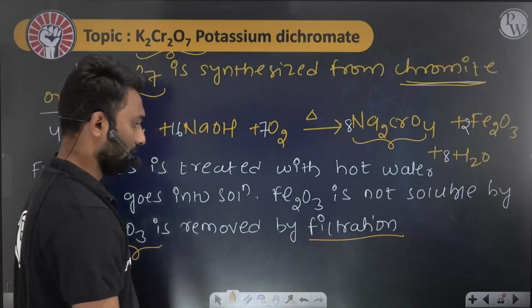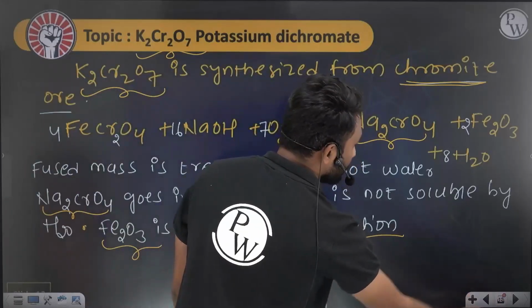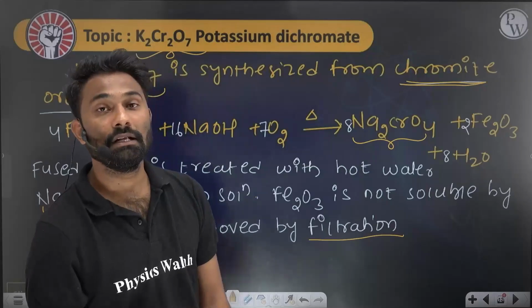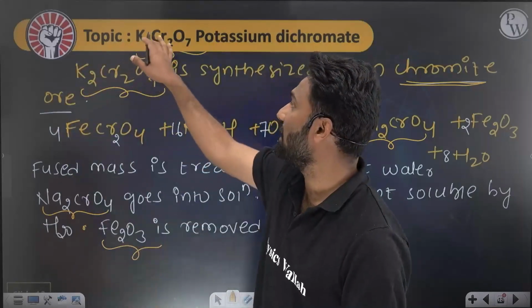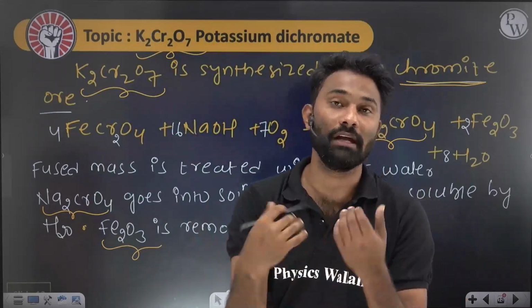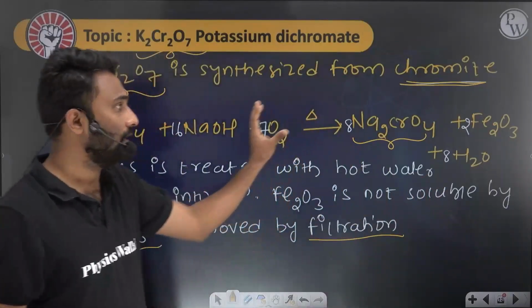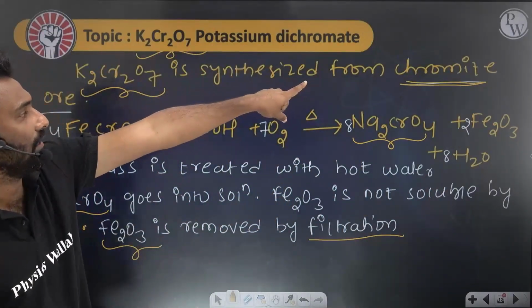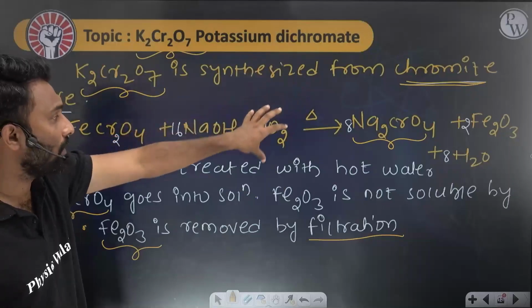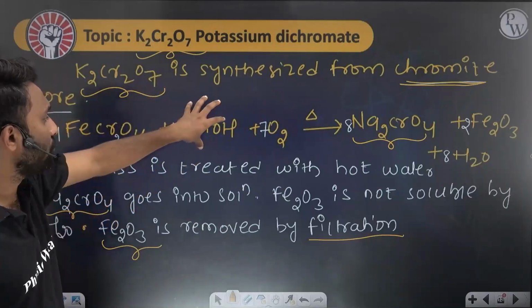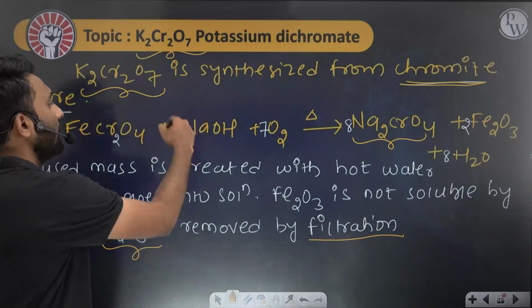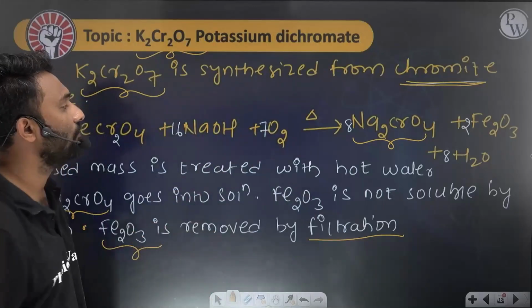Okay, next. Now some properties of the elements. Potassium dichromate, how can we synthesize it, I am telling. Look here, first it is formed from the chromite ore. This chromite ore is fused, we are reacting it with the sodium hydroxide in the presence of oxygen.